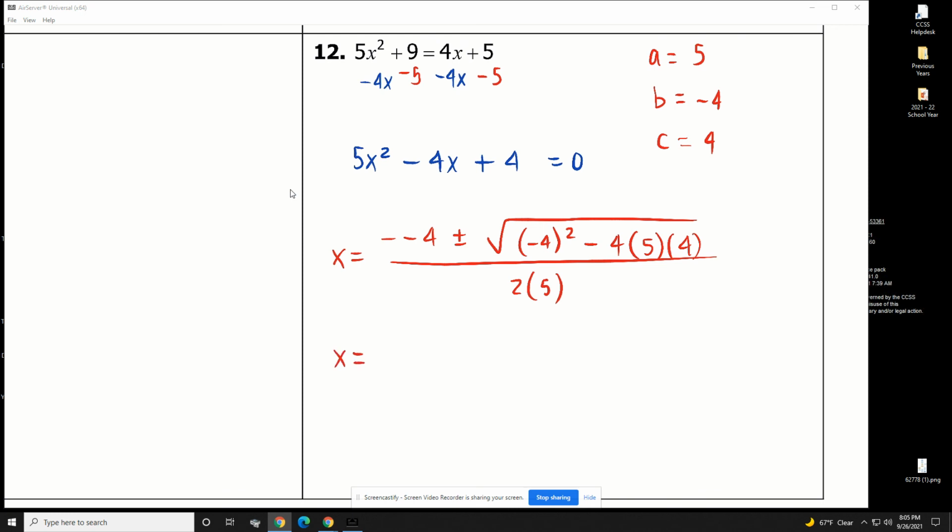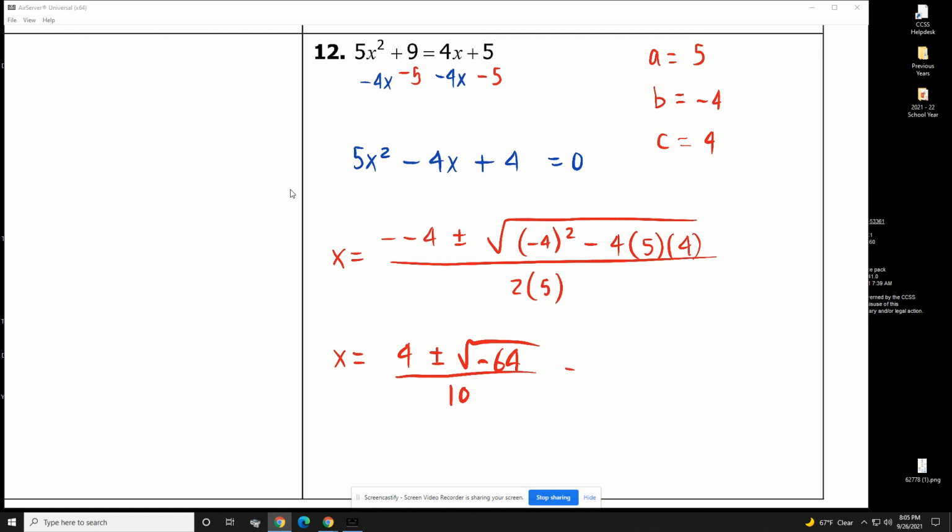What happens to -4? 4 plus or minus. Leave the square root alone, and let's just type in what's underneath it. That's open parentheses negative 4, close parentheses squared, minus 4 times 5 times 4, and that equals negative 64. And all of that is divided by 10, 2 times 5.